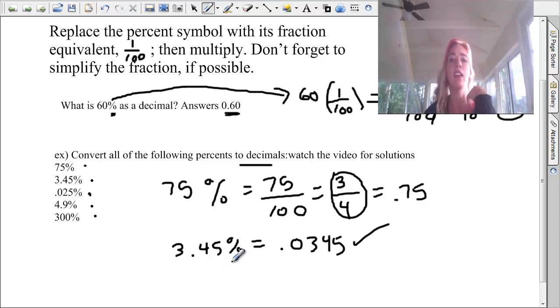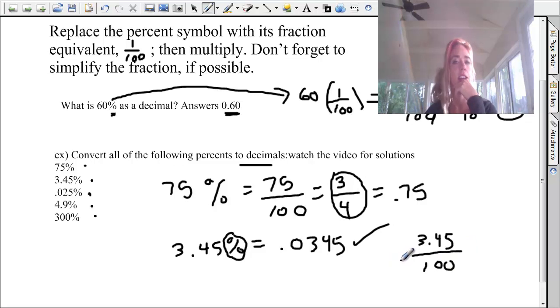But another approach would be to write the percent symbol as per 100. So I could say 3.45 per 100. And then I'm just thinking of an alternative path.